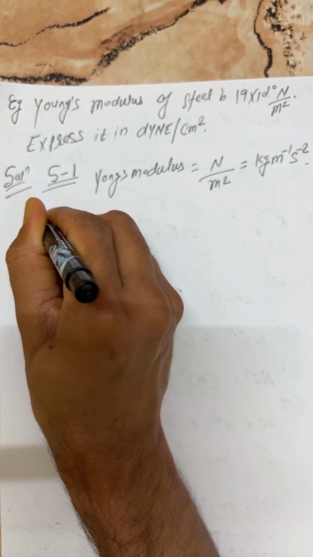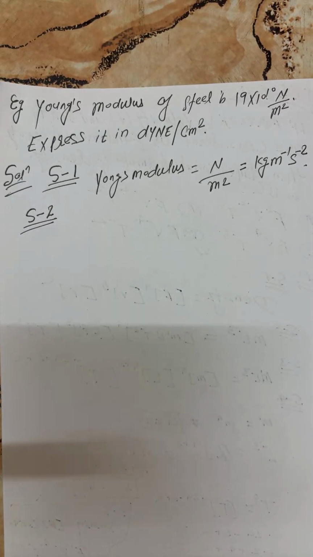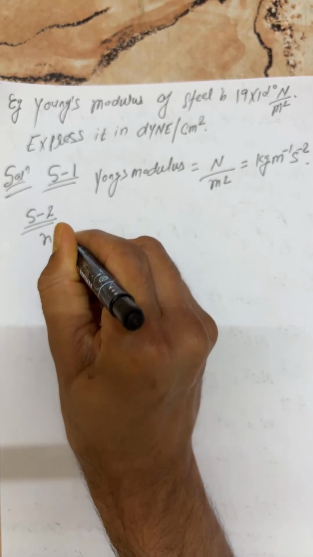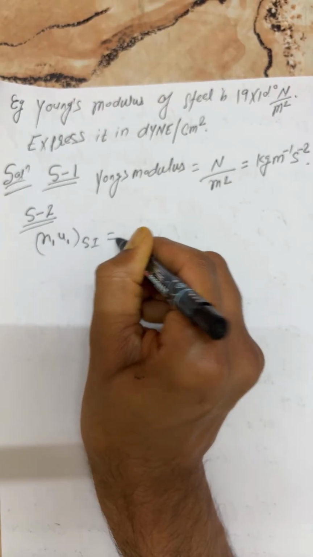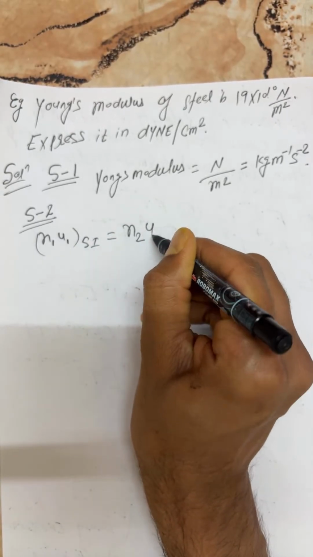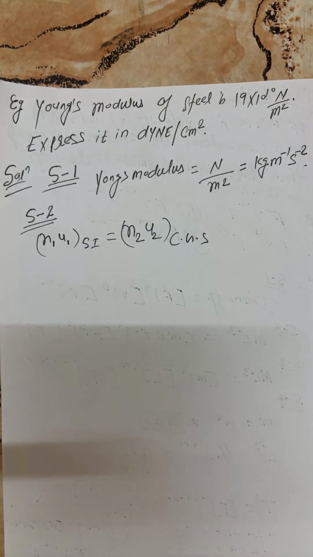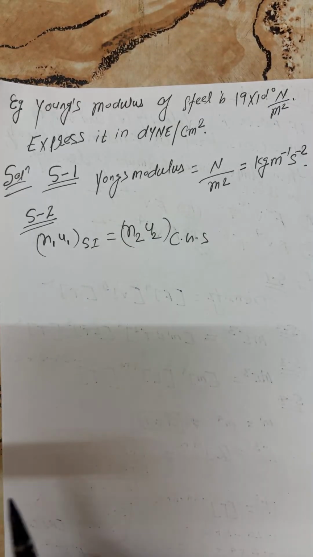Step 2, students, I'm going to use the formula of magnitude of a physical quantity: n1 u1 equals n2 u2. Here n1 u1 is in SI and n2 u2 is in CGS. For n1, keep in mind the numerical value is not 1 this time, it's already mentioned.